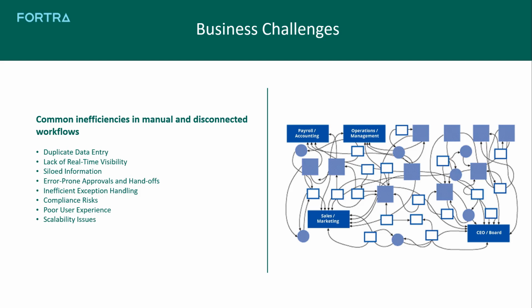Compliance risks, right? This is a huge one. Compliance or regulatory risk: manual processes lack audit capabilities inside of them. So being able to enforce those on certain paths is a huge plus, and being able to document that and show that. Poor user experience, right?